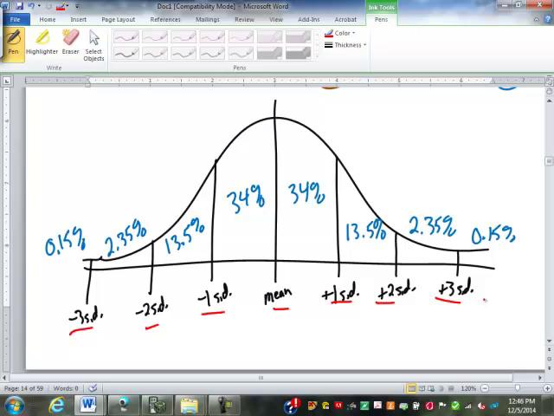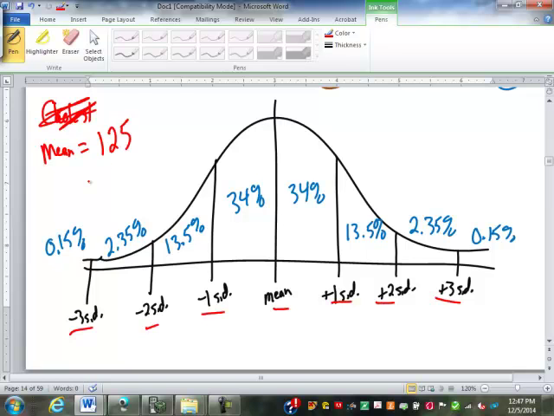To find those numbers down there, we need to know the mean and the standard deviation of the population. Let's say you're looking at cholesterol. Let's say that the mean cholesterol level for a given population is 125.